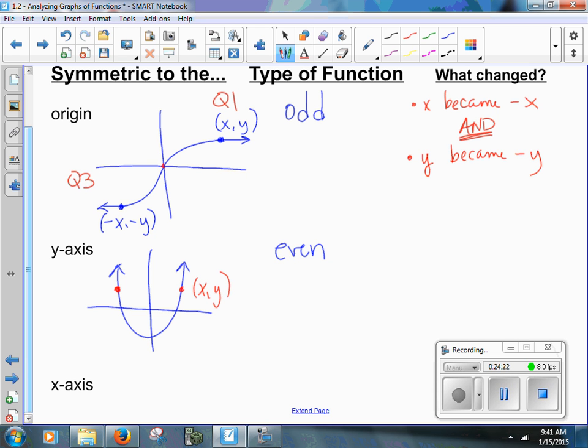Would you guys agree that most parabolas, if it's not been shifted right or left, are going to be symmetric with respect to the y-axis?